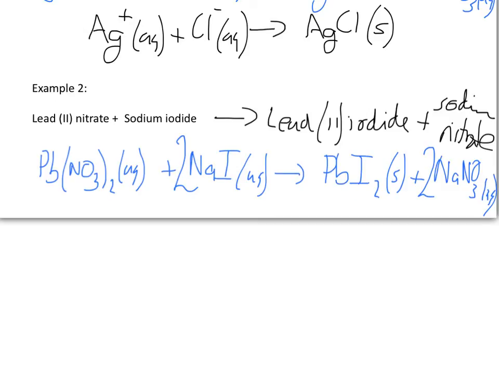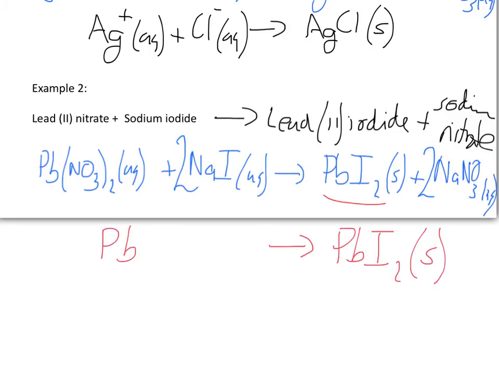So, let's have a go at writing the ionic equation for the precipitation. Again, if it's a precipitation, you can just look at the precipitate, which is lead iodide. So, put that on the right hand side. And this precipitate is made from lead ions. Now we know the charge of lead, because we were actually told it, up here is 2.